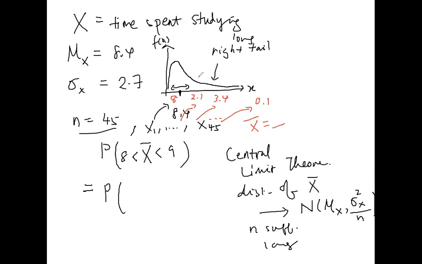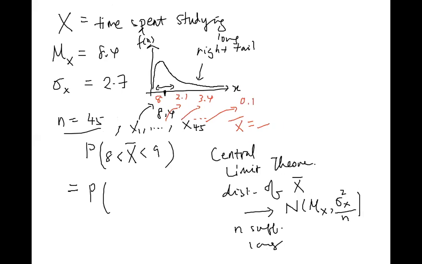So when n is sufficiently large, your x bar behaves like a normal distribution.